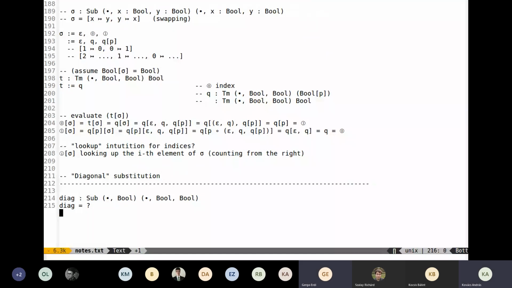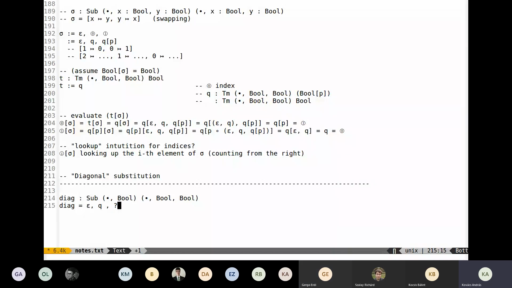Well, I mean, we know the format. It will have to be epsilon, comma, something, comma, something. Yes. And I guess the only thing we can meaningfully do would be to put q into both of the holes, because what else could we possibly do? Yes.